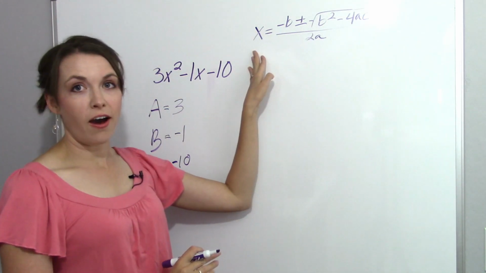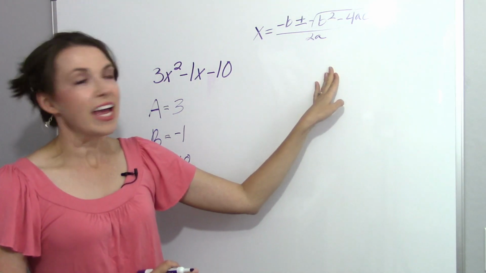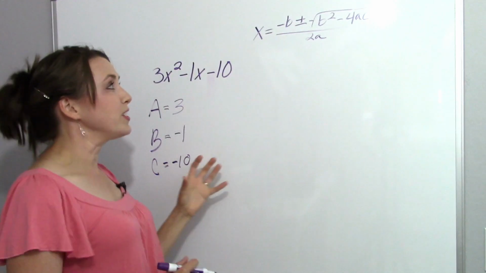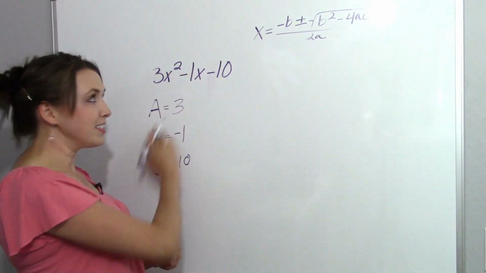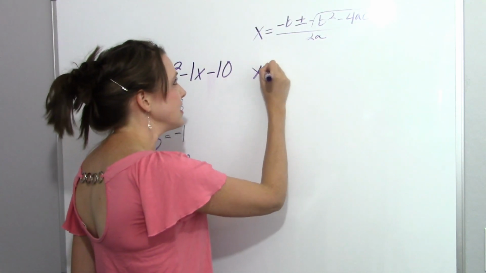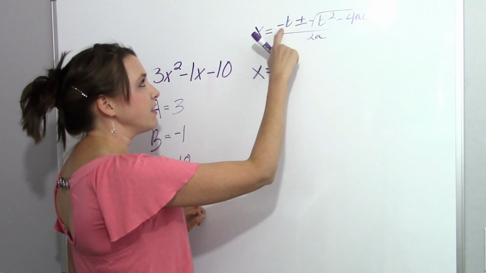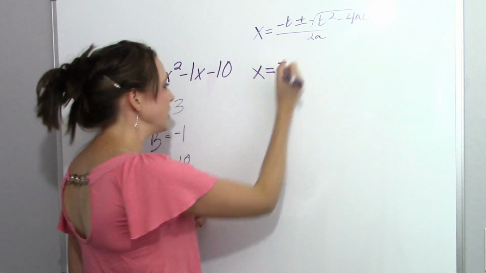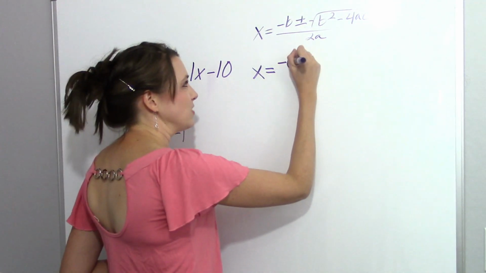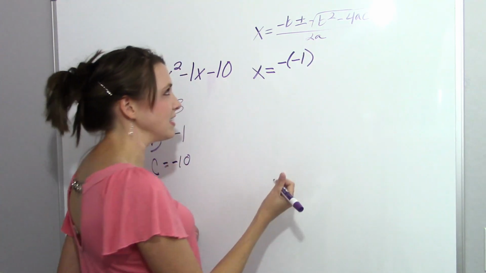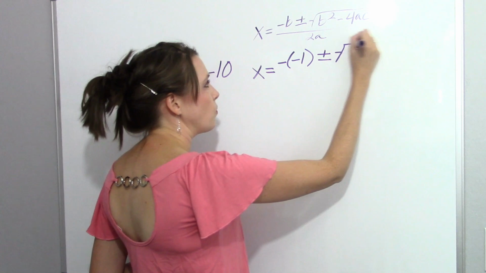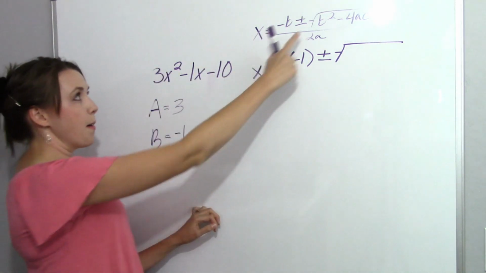Now, we'll take our quadratic equation and all of those little letters or those variables we are going to insert with these numbers right here. So we have x is equal to negative b. So we have negative b, which is negative 1. So I'll just put the negative 1 in parentheses, plus or minus the square root of b squared.